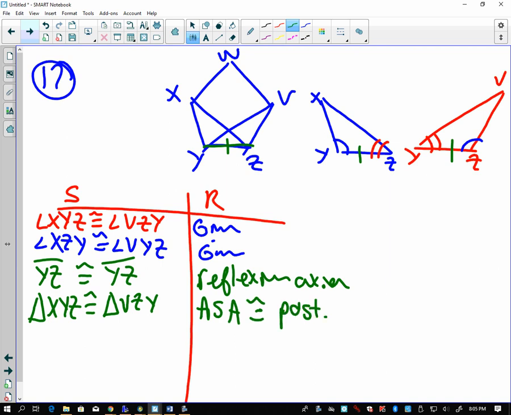And because I know that, then I know that XZ is congruent to VY through CPCTC. That's what we're looking for.